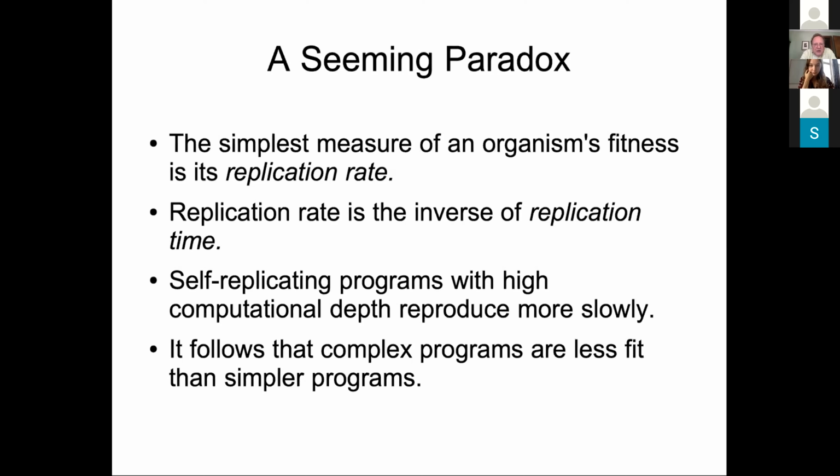Indeed, in bacterial studies, replication rate is sometimes a proxy for fitness overall. But if we define complexity as things which take a long time to replicate, then there's no chance that we can evolve more complex things, when, by definition, these more complex things will be less fit. So how do we get out of this?